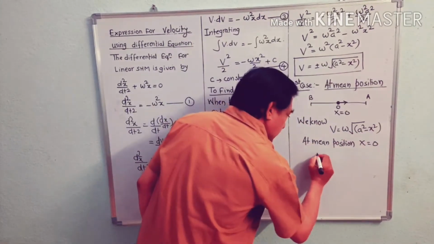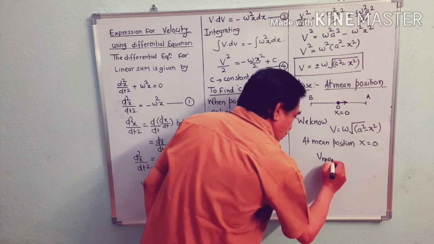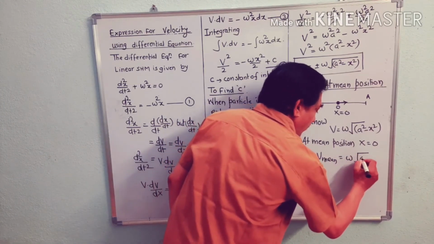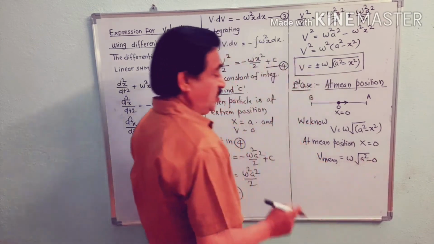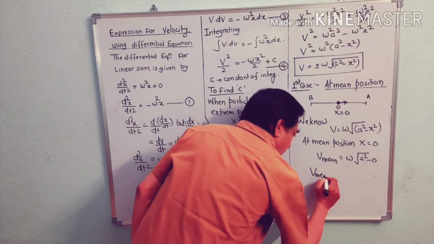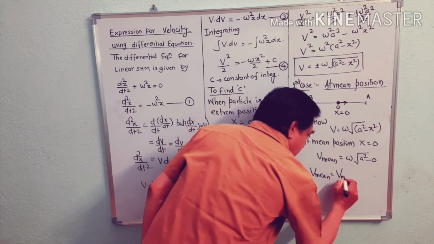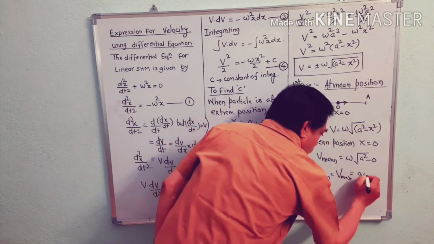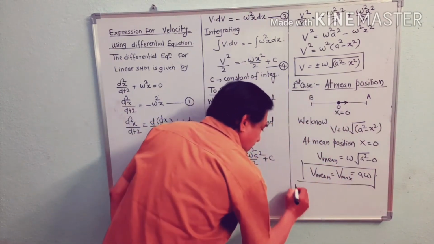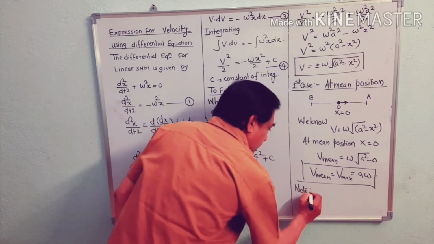x is equal to 0 जर झाला तर काय येईल? v mean is equal to omega in the root of a square minus 0. That is v mean is equal to v maximum is equal to a omega. So this is, and note, what is the note?